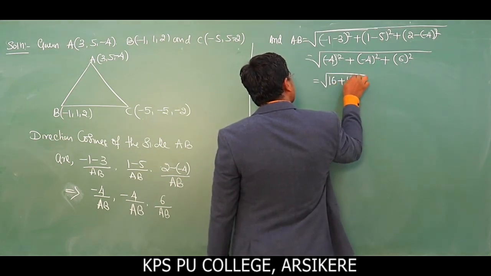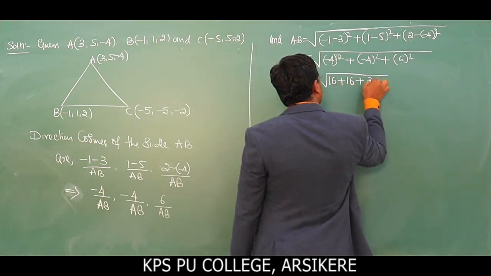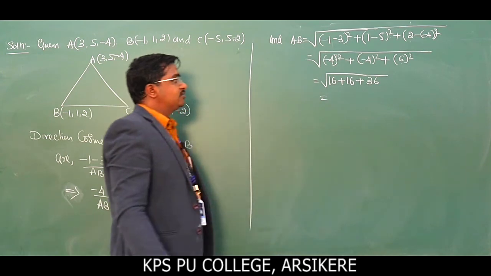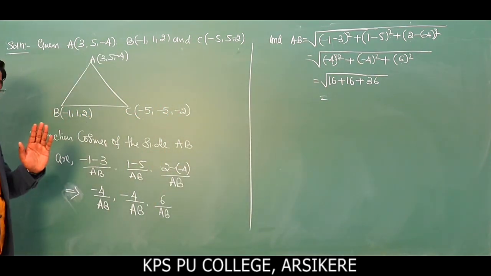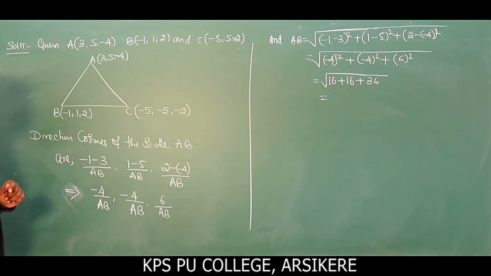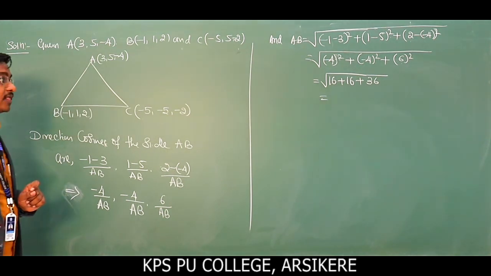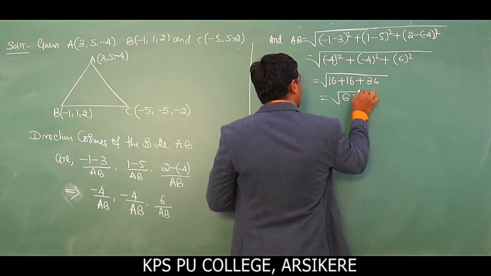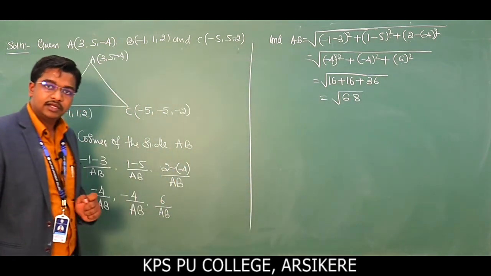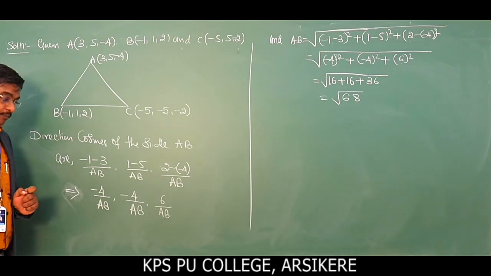16 plus 16 plus 36, 16 plus 16 is 32, plus 36, what do you obtain here? 68, root of 68. Okay, this is the distance of AB.